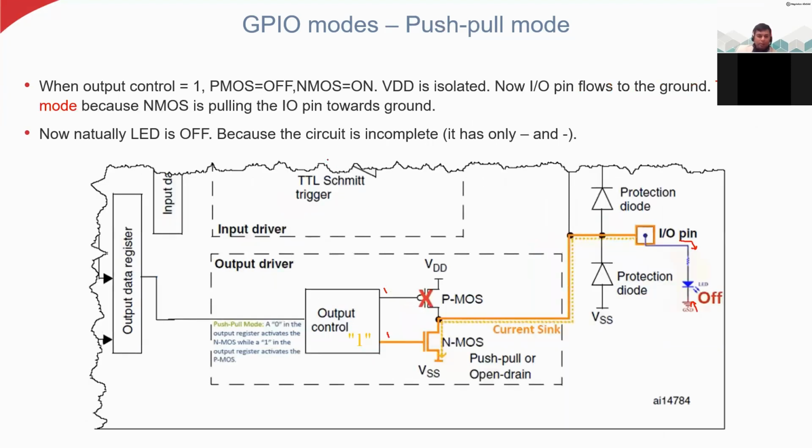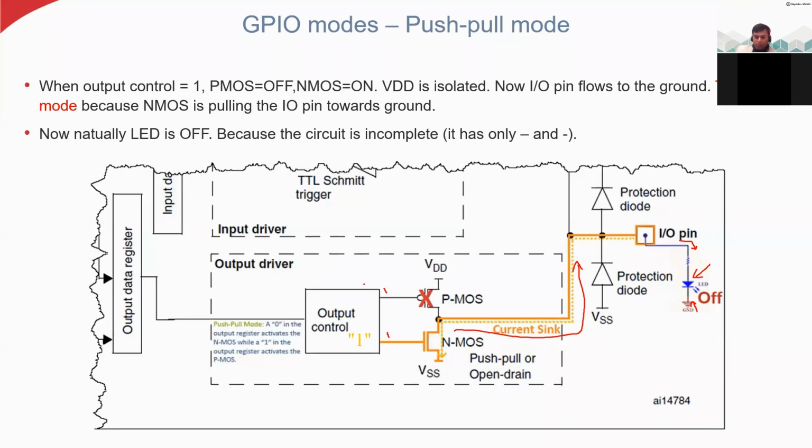Okay, so here what we are talking about is output control being 1. We apply 1 to both, and this ground is traveling up, and the input output pin is 0, and we connect to check whether we get the 0 or not. We are connecting the LED and the LED is still off.